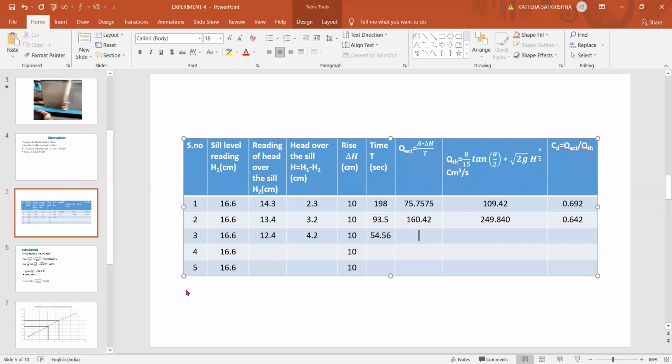Next. 367, Sai Varun. 367, Sai Varun. Next is Shashi. Yes, Shashi, you're sleeping? Shashi?